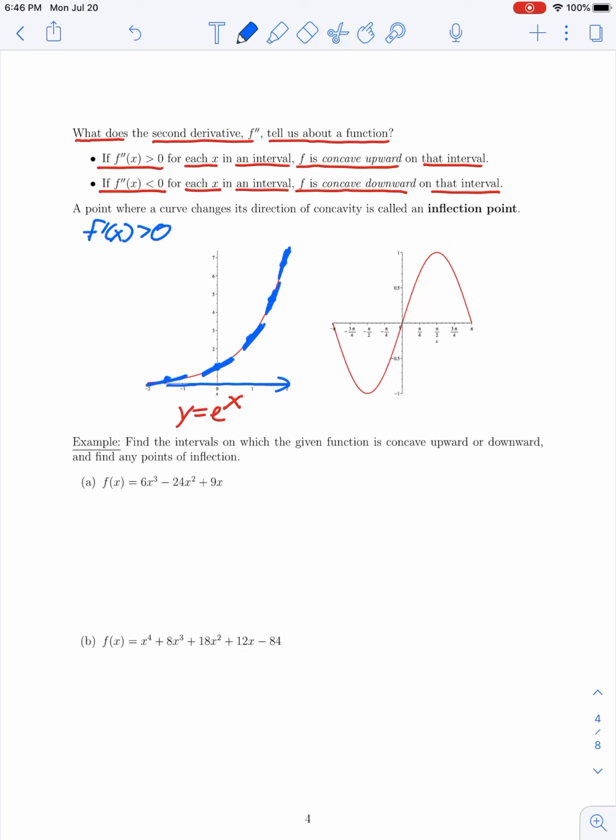So the rate of change of the derivative is increasing. So the second derivative, f double prime of x, is also positive. Not only is our function increasing, but it's increasing at an increasing rate.